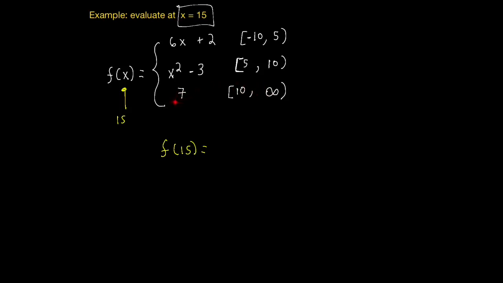And here we notice that we have a constant that's just there. There's no x. So typically I would say wherever you see an x, we replace it by 15 now. But since there is no x, the only thing we can copy is 7. There's no calculation to do, so we are done here. F of 15 is equal to 7.